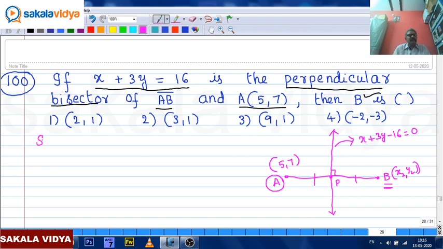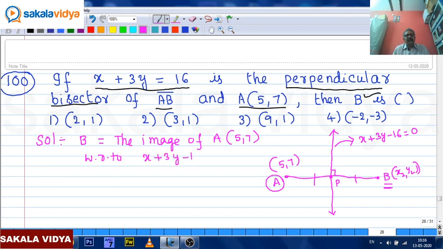So now the solution: B is equal to the image of A, 5 comma 7, with respect to x plus 3y minus 16 is equal to 0.